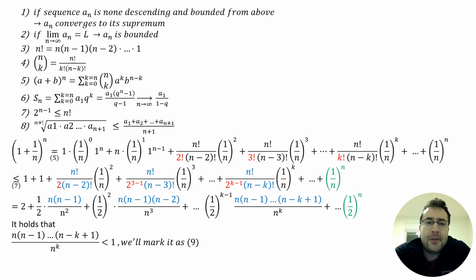So what we need to do is show that this sequence is non-descending and that it's bounded from above. So we start here from showing that it's bounded from above. The first thing we'll do is open this expression using Newton's binomial, which is number 5, into a sum.